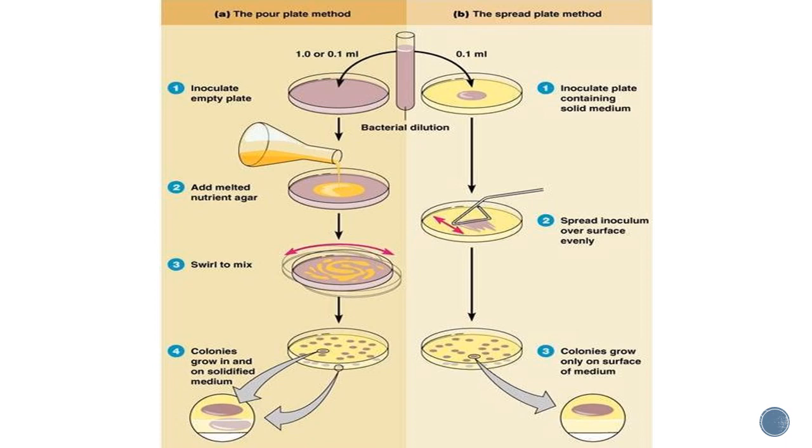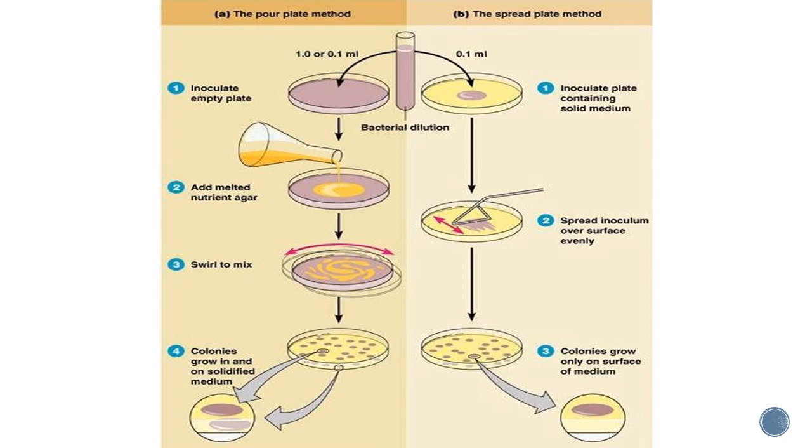Now once the number of colonies is known, the original number of viable microorganisms in the sample can be calculated from the number and the sample dilution. In an earlier slide, I mentioned the formula for calculation of the cells. Now in this method, it is not possible to be certain that each colony arose from an individual cell.